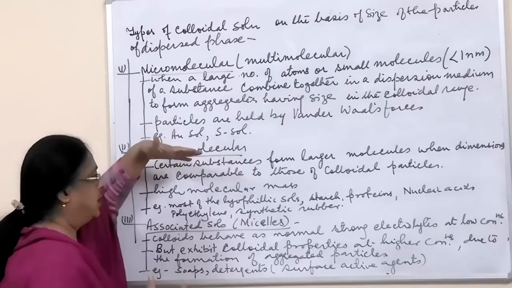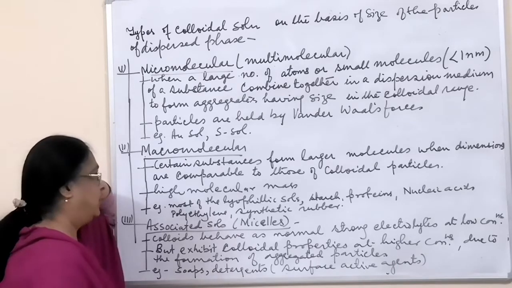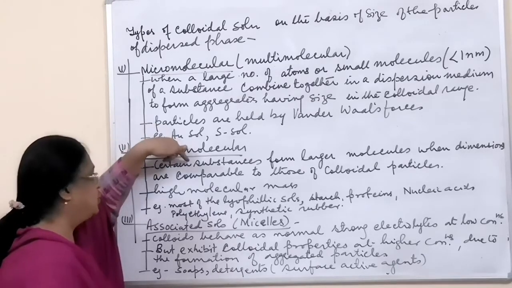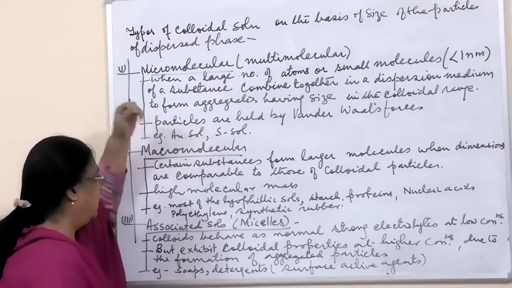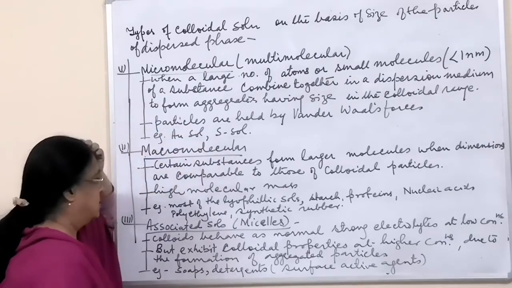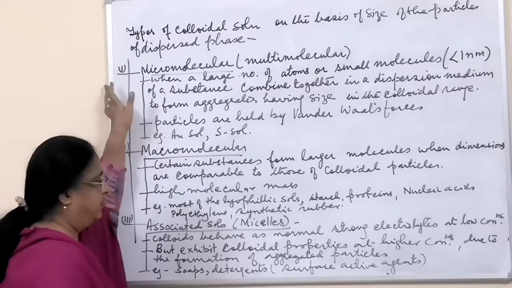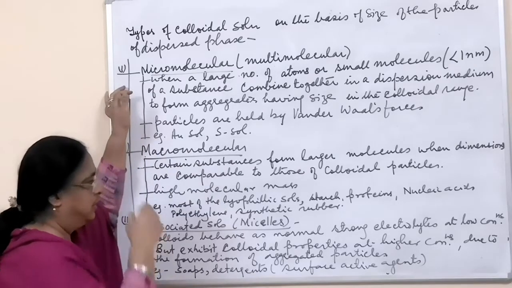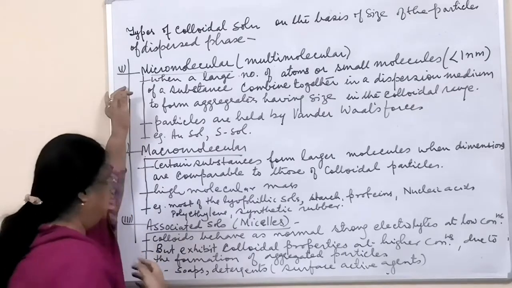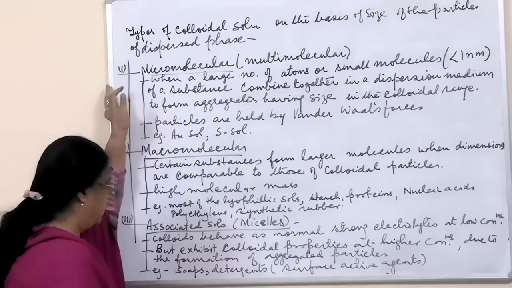And so when those are brought together and attain the size of colloidal particles, such type of sol is called macromolecular sol, and they have high molecular mass. Examples: most of the lyophilic sols, like starch, protein, nucleic acid, polythene, synthetic rubber. These all are polymers. So examples of macromolecules are polymers.